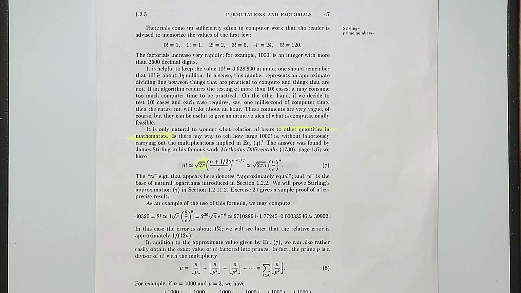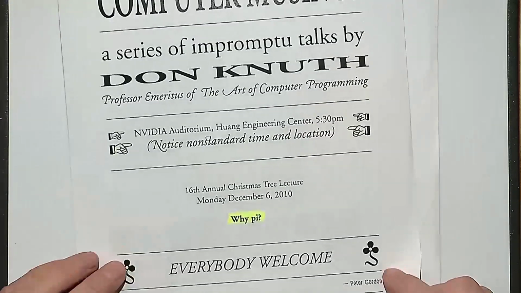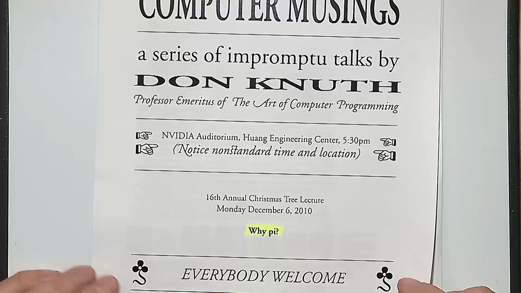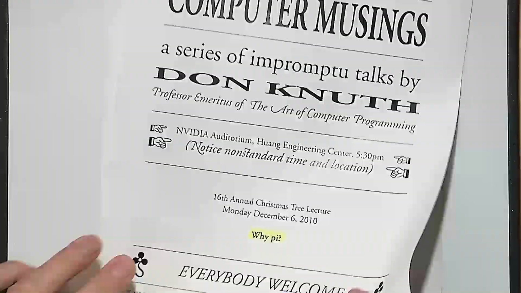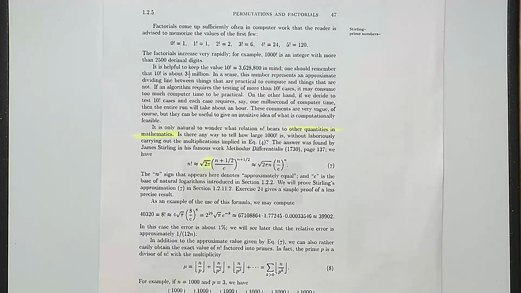That was actually one of my computer music Christmas lectures in the year 2010. I gave my Christmas lecture was why pi. Why does pi occur in the factorial? And it turned out there was a nice way to understand that. You can look it up online if you want.